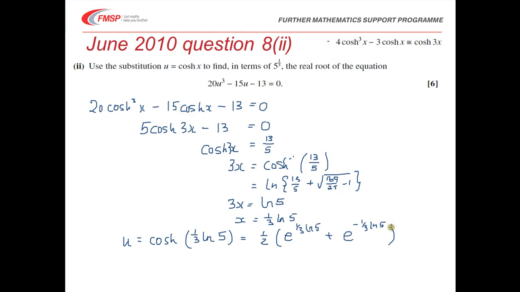But of course, e to the power of a third log 5 is the same as e to the power of log 5 to the power of a third, which is just 5 to the power of a third. So this can be replaced by 5 to the power of a third.